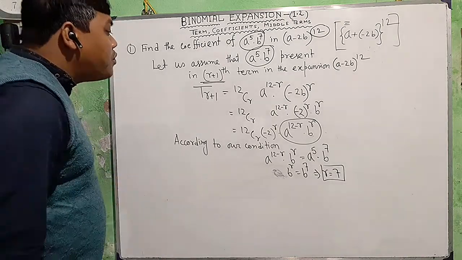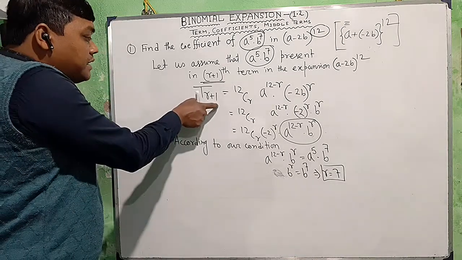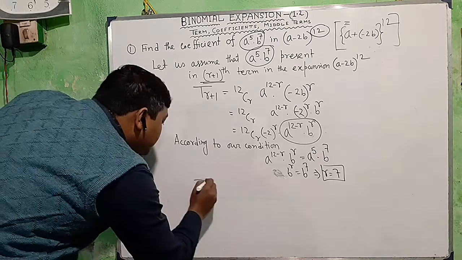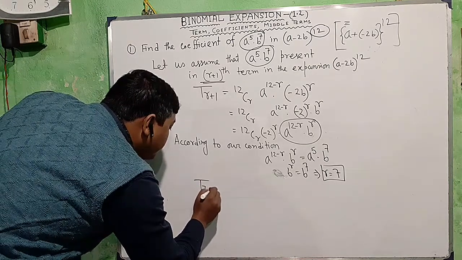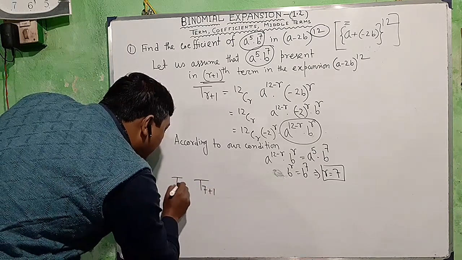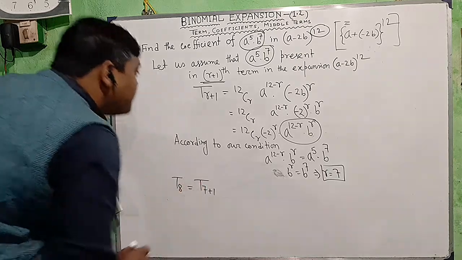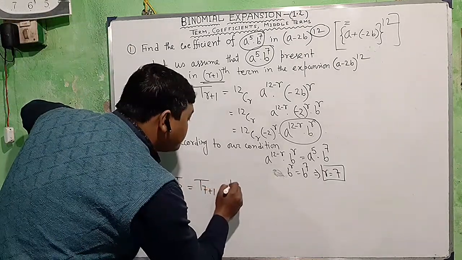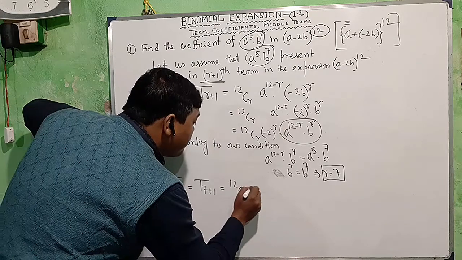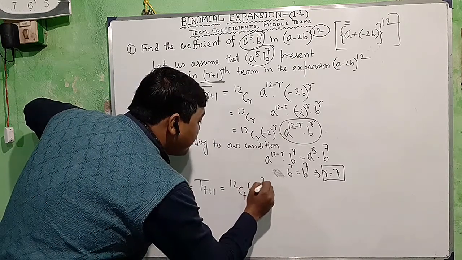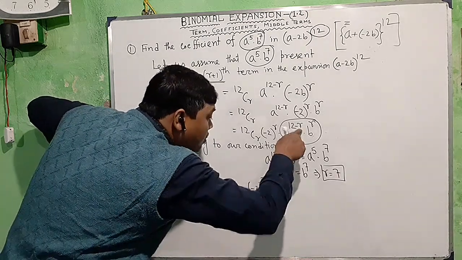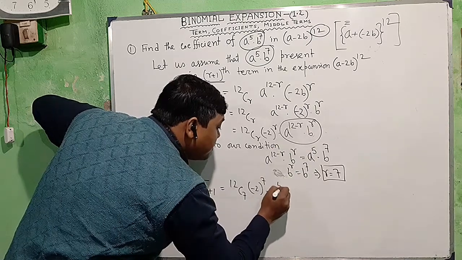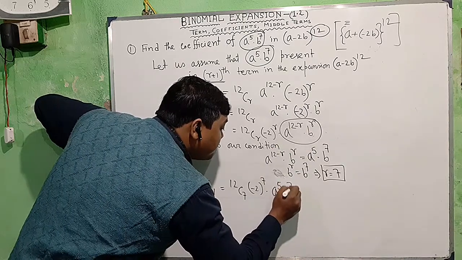If we put r equals 7 in this expression, we will get t7 plus 1. That means we have gotten the 8th term, t8, t7 plus 1, that equals 12C7 minus 2 to the power 7, and if we put r equals 7, you will get a to the power 5 into b to the power 7.